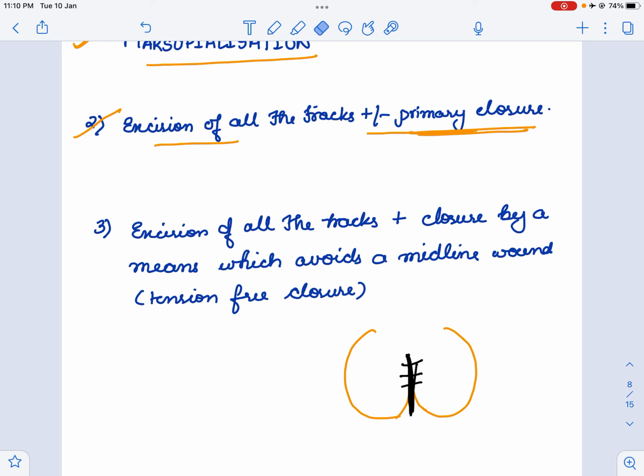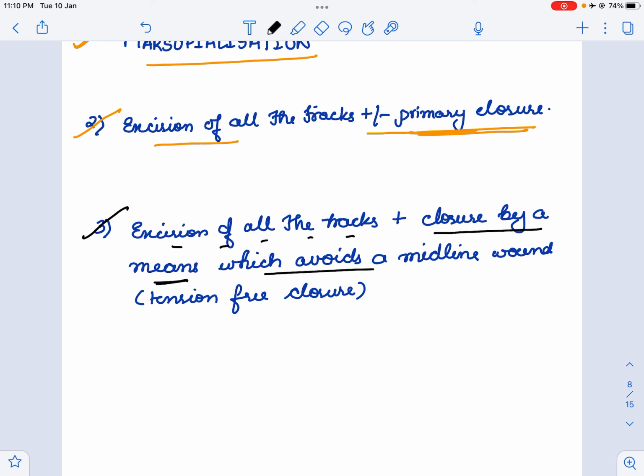So, if you want to prevent recurrence, you then do the third method. The third method is excision of all the tracts plus closure by a means which avoids a midline wound. That is, you ensure that there is a tension-free closure. If there is no tension, then there is a lesser chance of it recurring.